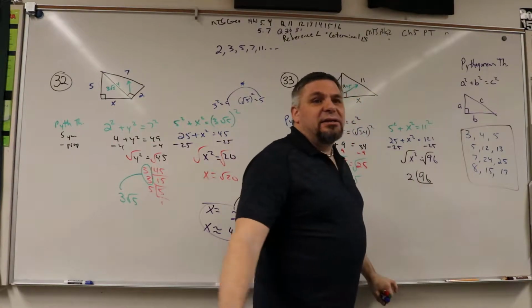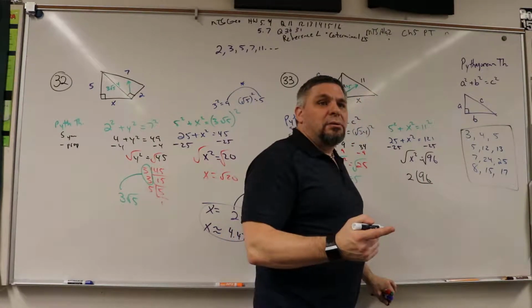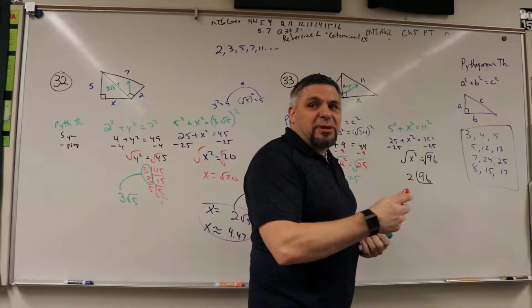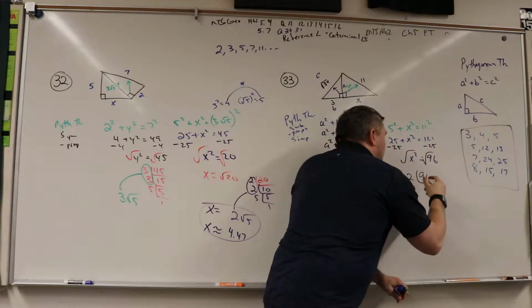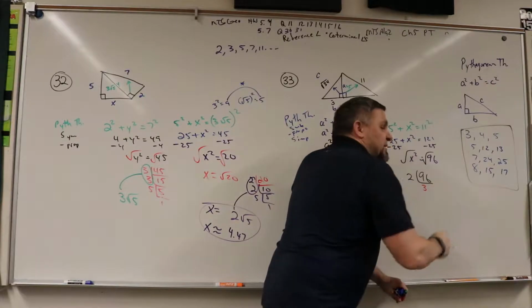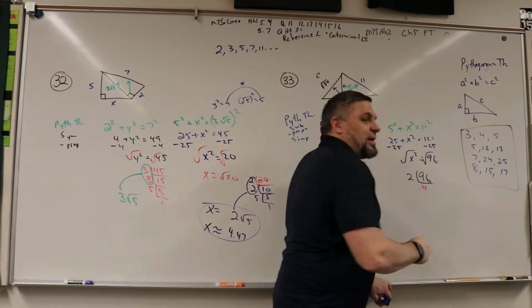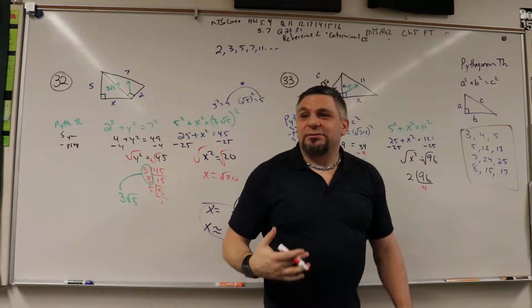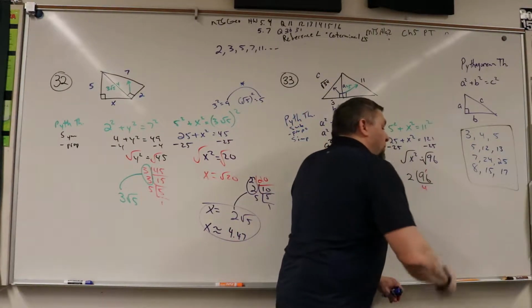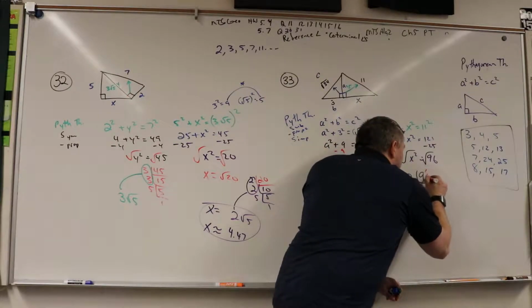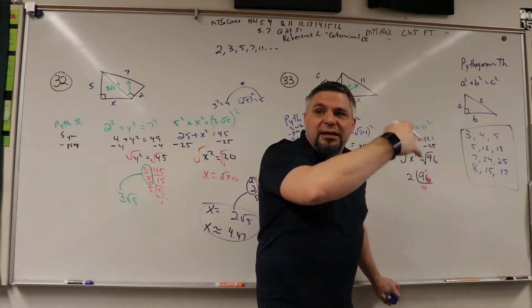2 goes into 9? Watch this, guys. 2 goes into 9, 3 times? 3 times 2? No. 4 times. 2 times 4 is 8, take one, and leaves a 1, and that becomes this, 16.